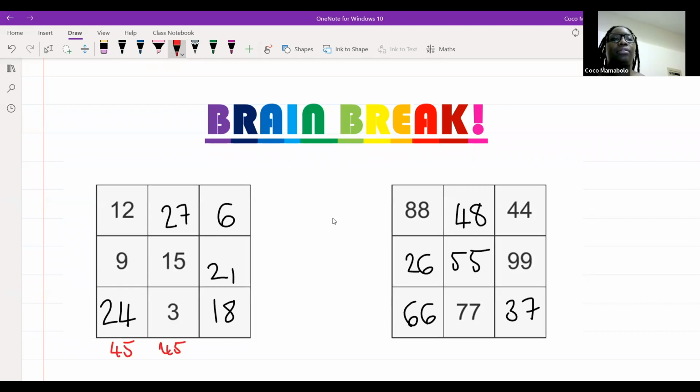Okay. 6 plus 27 is 33, plus 21 is 45. Do you see how they all add up? Let's add them up in this direction and see how much they give us. 12 plus 15 is 27, plus 18 is 45. 12 plus 27 plus 6, that's 39, 45.